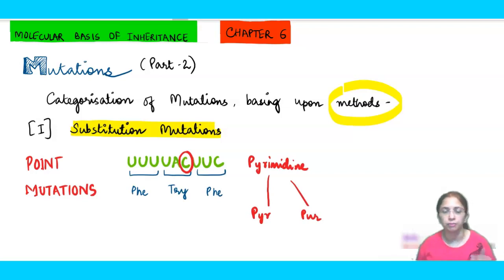So if a pyrimidine is substituted by a pyrimidine, then it is known as transition. Okay, transition. Otherwise, if the pyrimidine is substituted by a purine, then it is known as transversion. We will see how it happens, right?